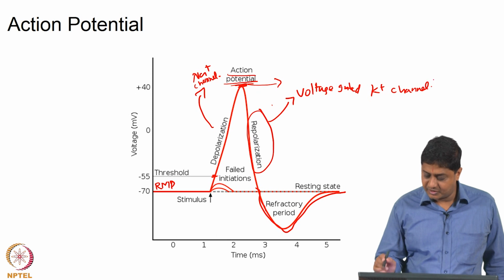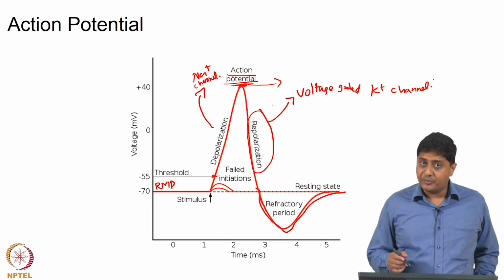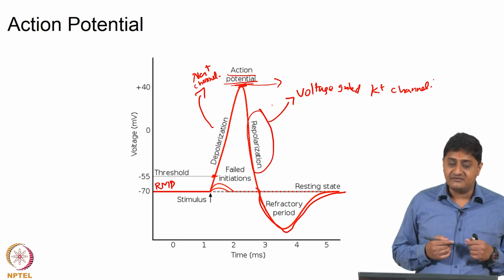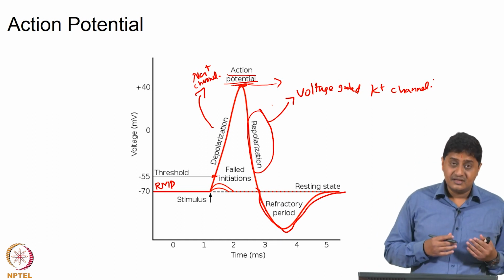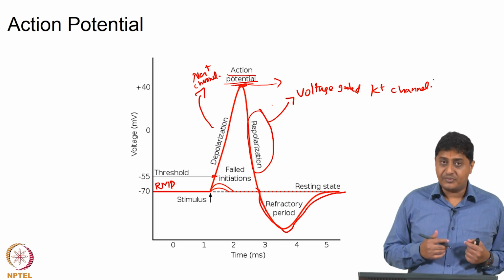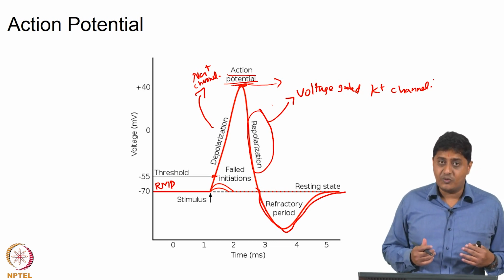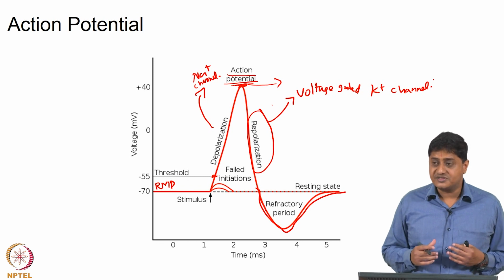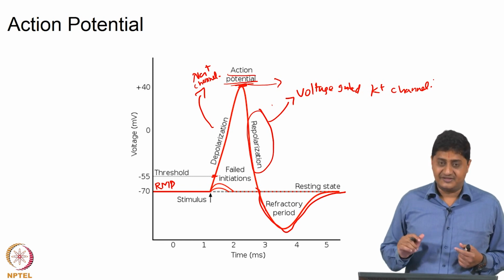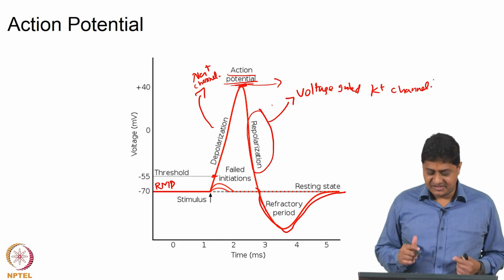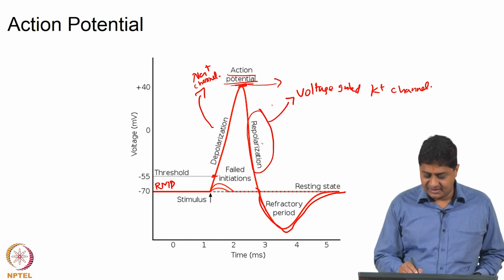Now, if voltage gated potassium channels open, we know what could happen, because potassium is present in relatively large quantities inside the cell when compared with the outside. So, when a potassium channel opens, a lot of potassium is going to leave the cell, that means the cell will become less positive or more negative, essentially bringing the cell back to resting membrane potential.